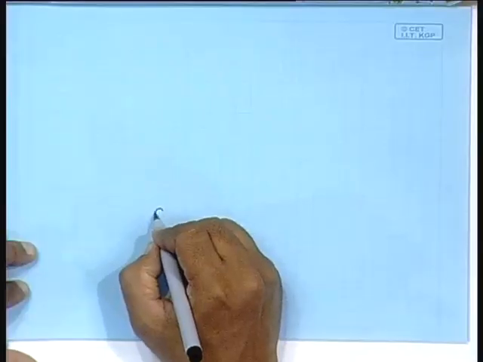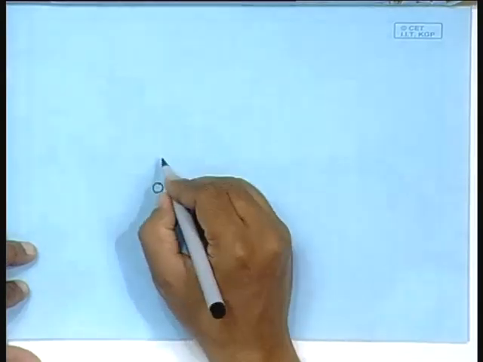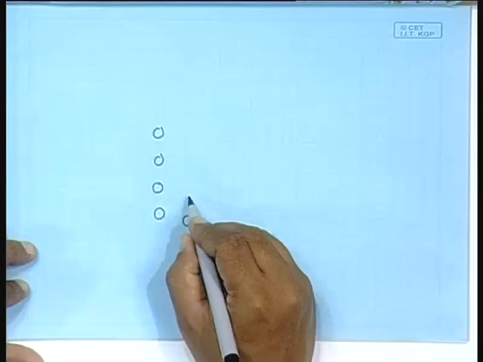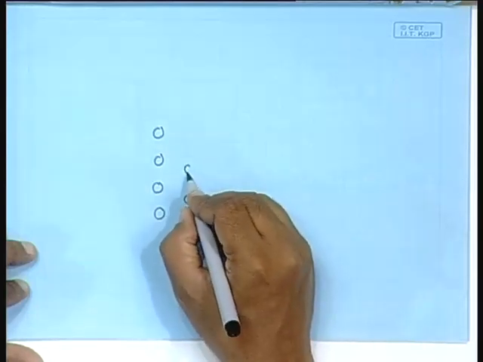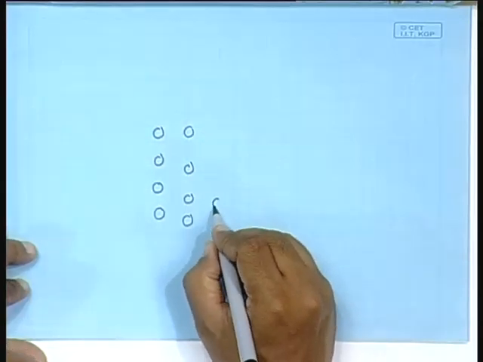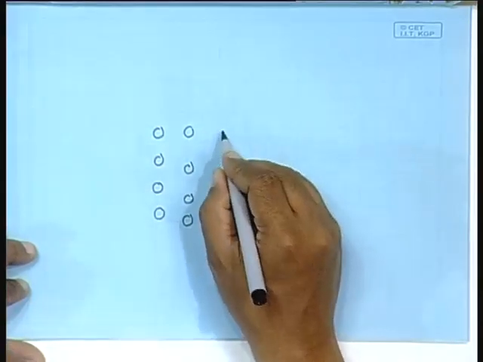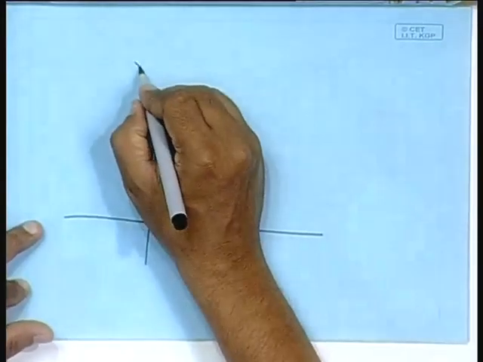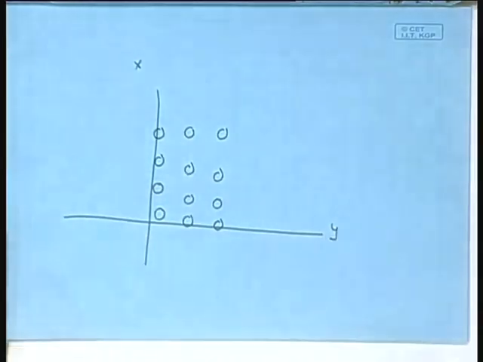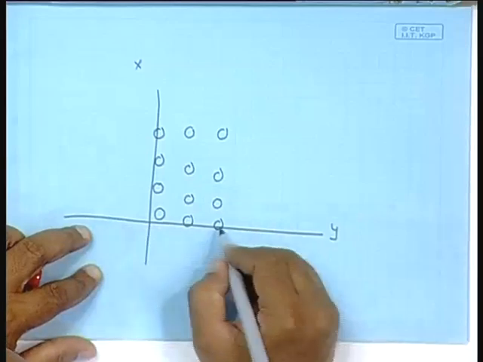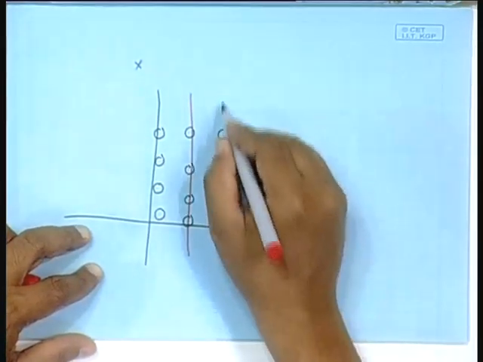I could also consider the same lattice, the same crystal, again with the x axis over here and the y axis over here, and I could have planes which are vertical now.